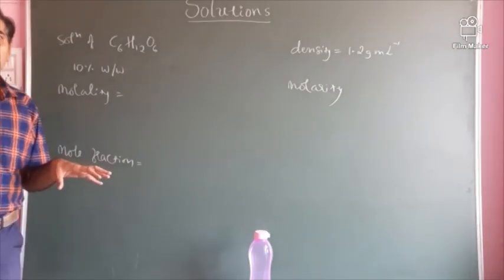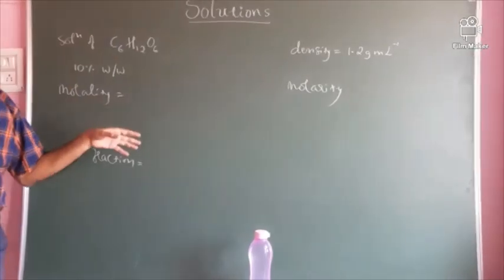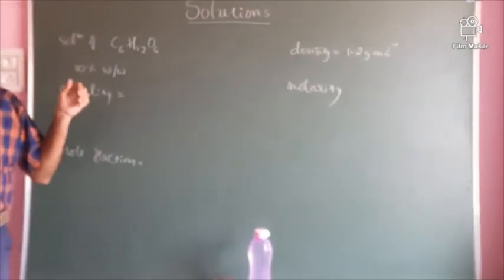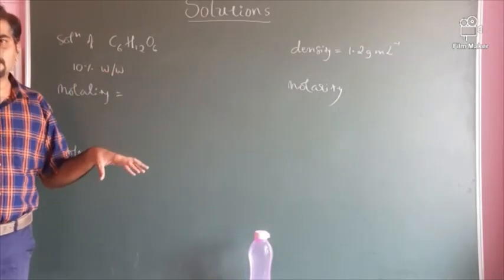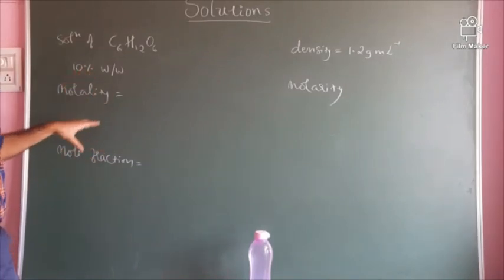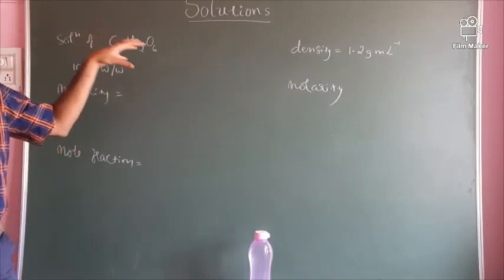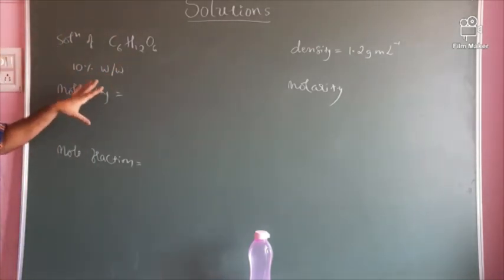As you know, molality is temperature independent. If you remember the previous class, and if you haven't watched it, I insist you go through the previous video once, so that you get an idea of what the temperature dependent and temperature independent concentration formulae are.